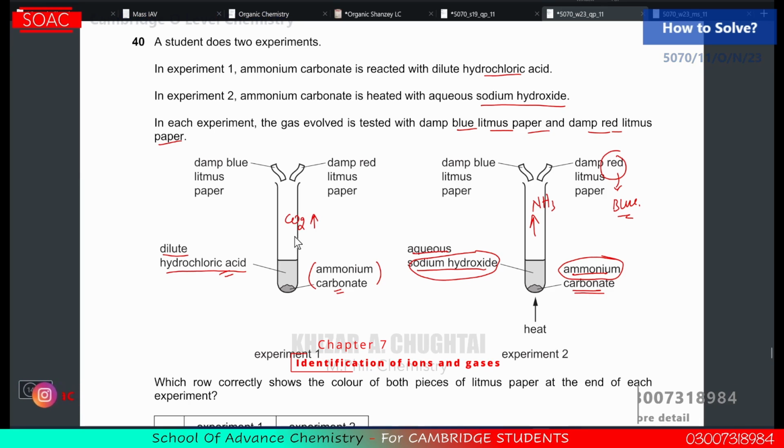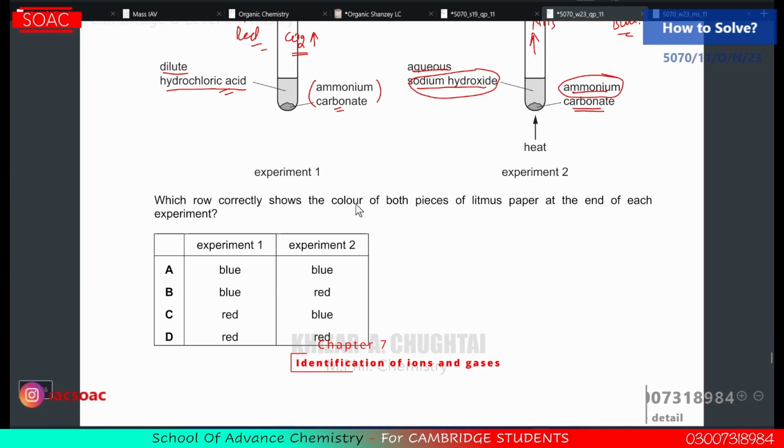Carbon dioxide gas will come out, and it will change blue into red. So in the first, blue to red; in the second, red to blue. Which row correctly shows the color of both pieces of litmus paper at the end of each experiment? It will be red finally, and blue finally, so C is the correct option.